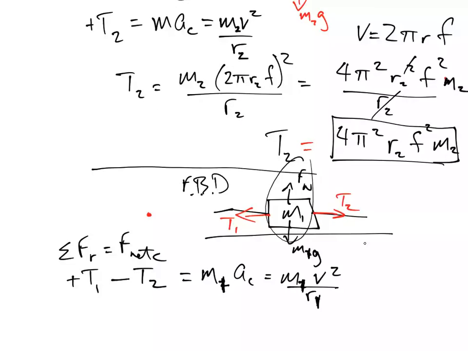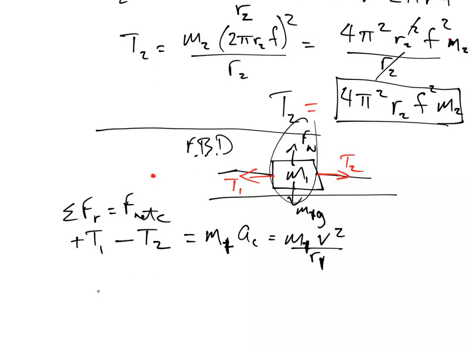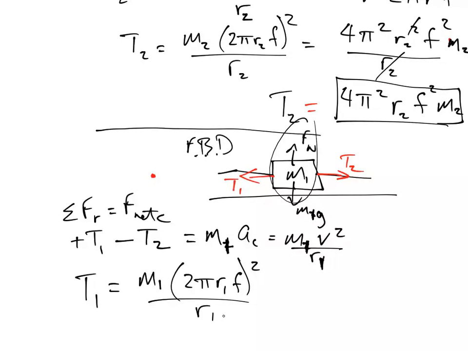Okay, so let's continue now. So we're solving for T1. So T1 is going to be equal to, again, let's do the substitution, M1 times (2 pi R1 f) squared all over R1. But now, you see, we've got this term to take over to the other side, and now it becomes plus T2. Okay?